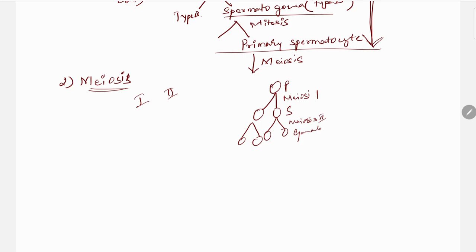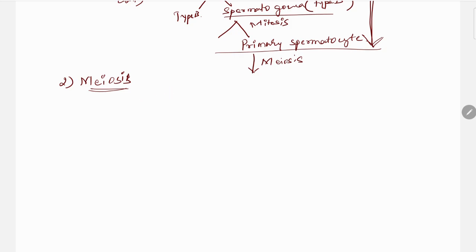So usually there are two meiosis stages. Let us see them one by one. What is going to happen here? This spermatocyte already has how many chromosomes? 44 XY.